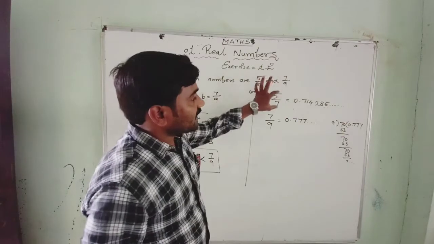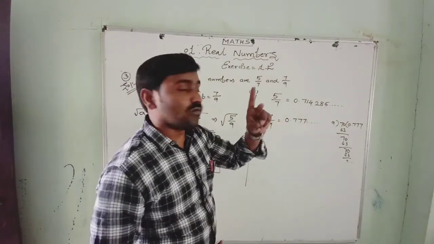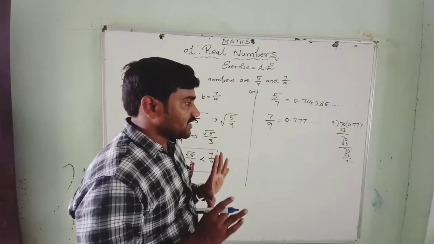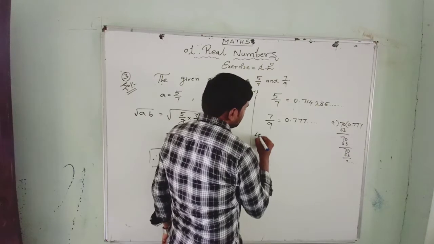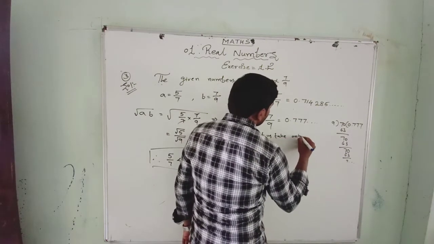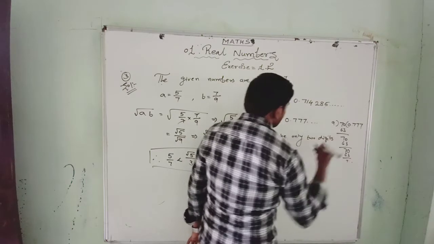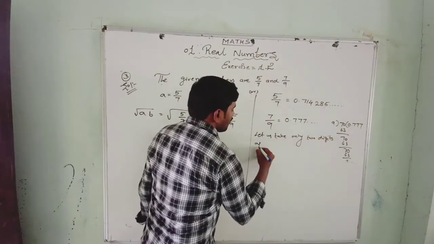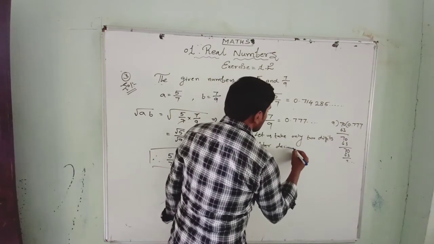So instead of taking all the digits, after the decimal point we take only two digits. Let us take only 2 digits after the decimal point.